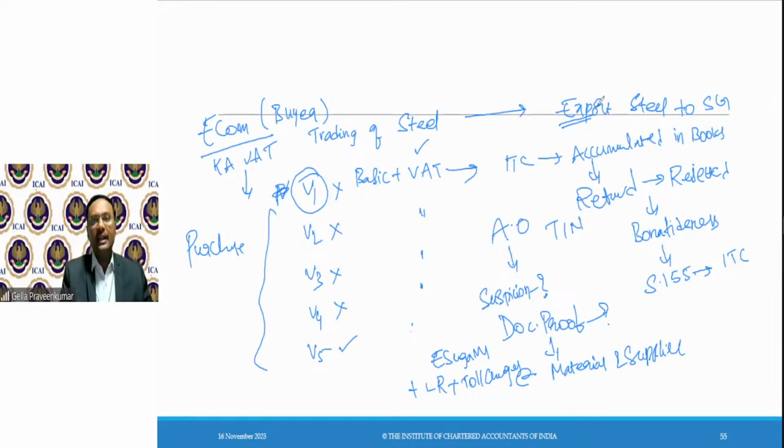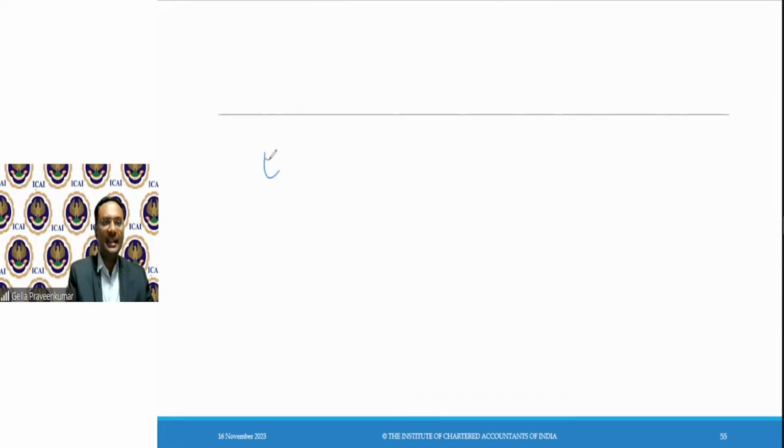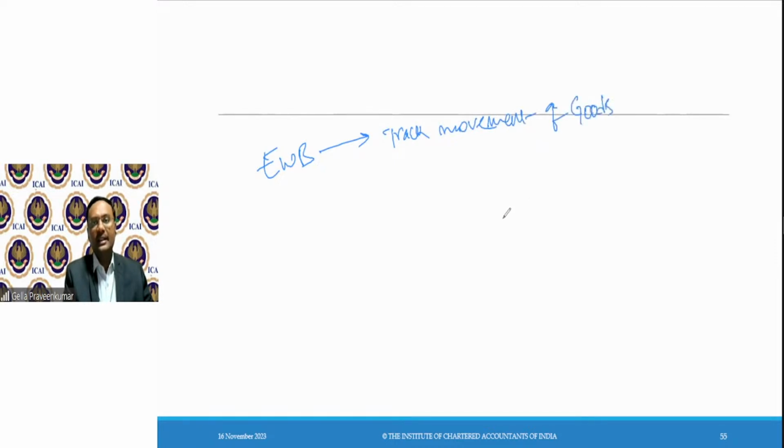The e-way bill has come into the picture to track the movement of goods. This was the background where the e-way bill was brought in to curb fictitious or fake transactions. So they say that unless there is an e-way bill, the genuineness of a transaction cannot be established.